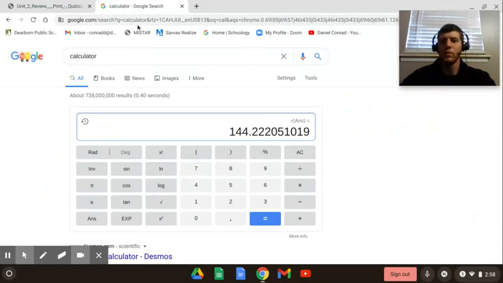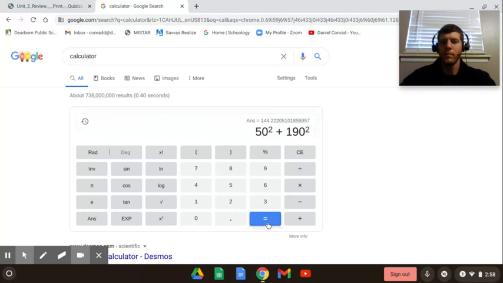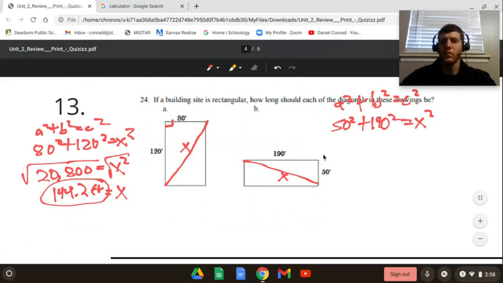So 50 squared plus 190 squared is going to be 38,600. Then we take the square root of both sides.